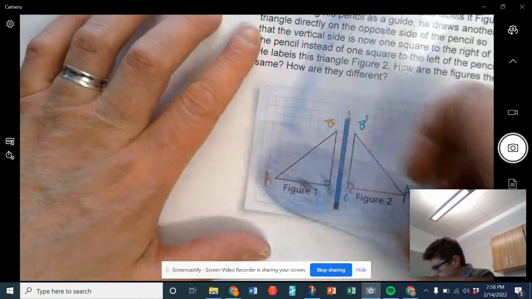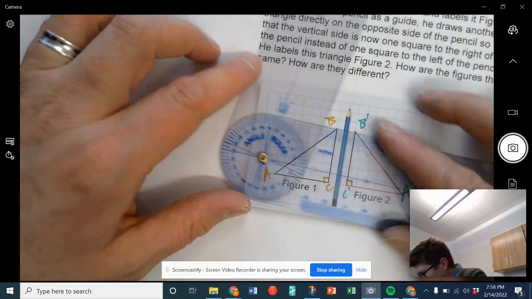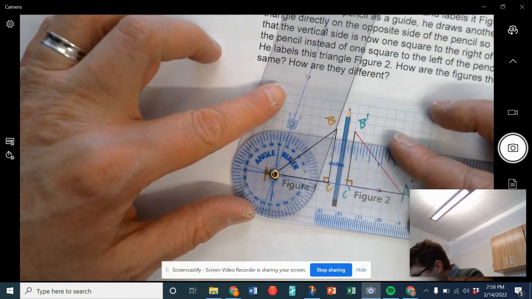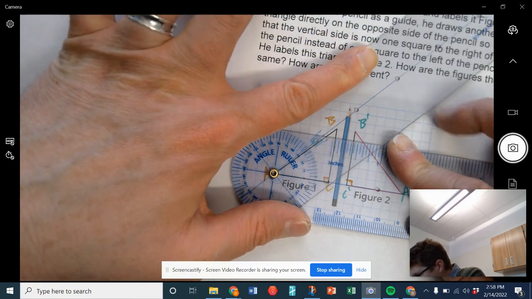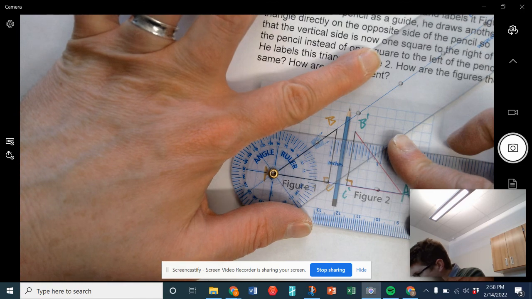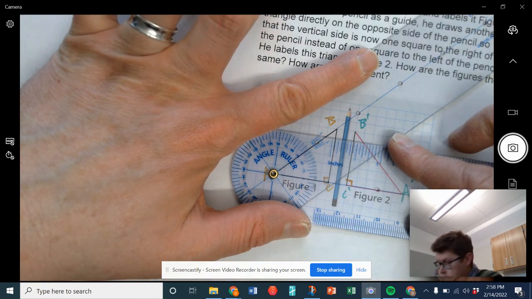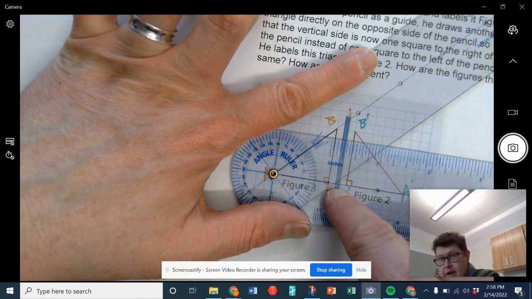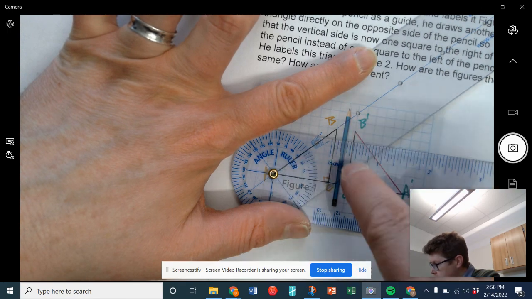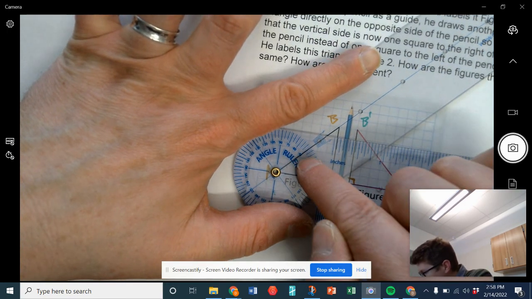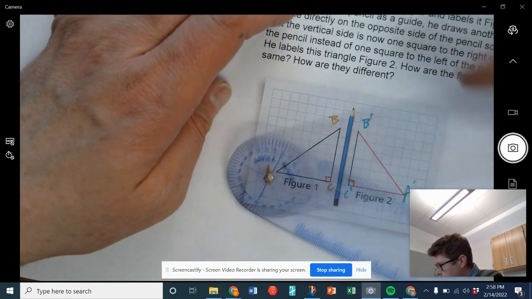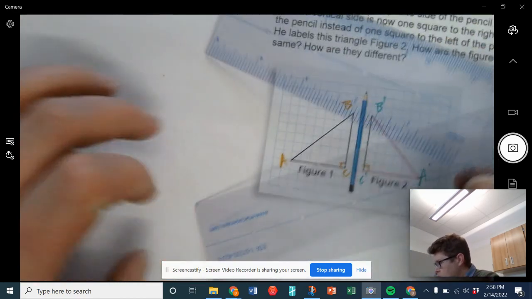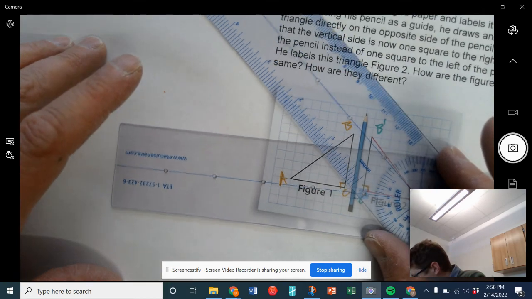Let's make sure. Flip it over here. There we go. We can see that these are 45-degree angles right here. You line up on the edges of the triangle, and you can see that it's 45 degrees. Then we'll do the same thing and reflect it over here, and make sure it's the same.